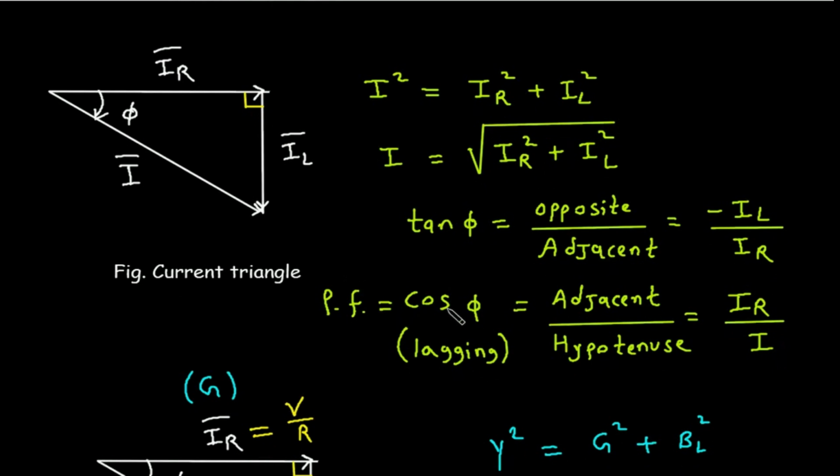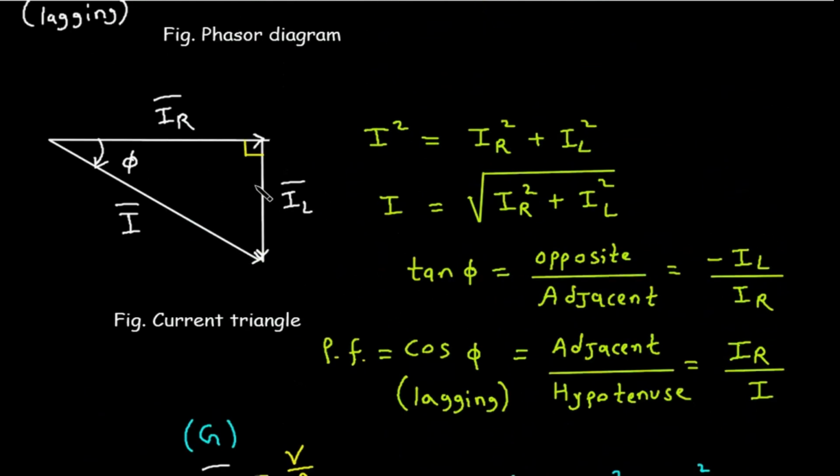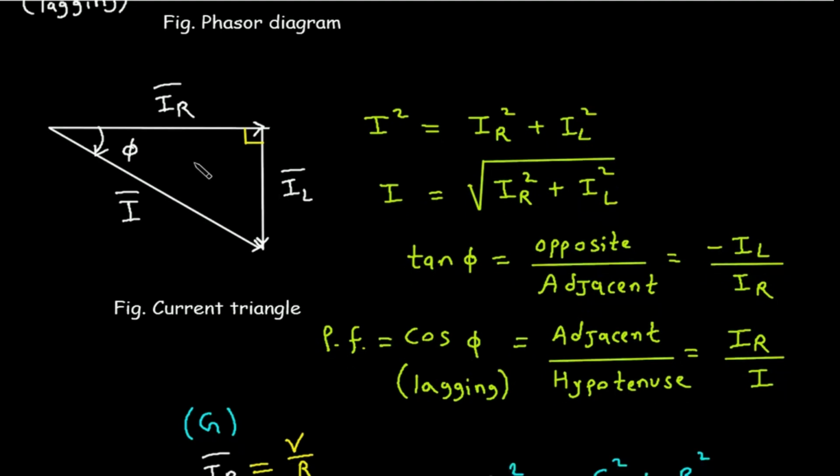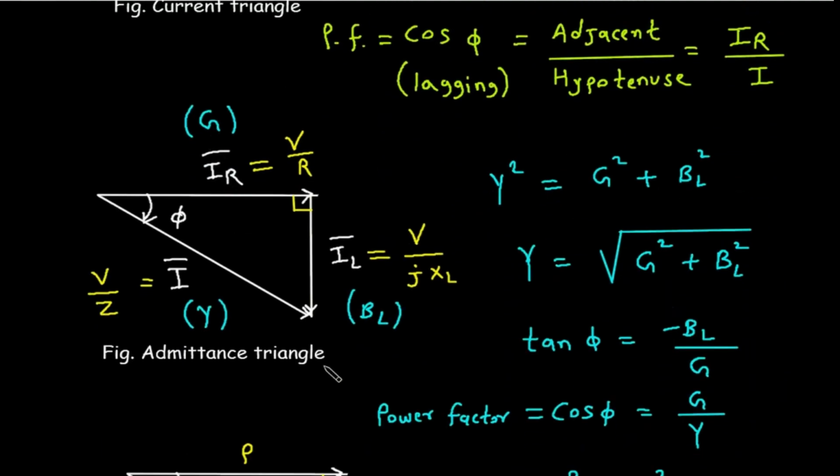Also power factor is equal to cos phi, and this will be lagging, and cos phi is equal to adjacent side upon hypotenuse. So the adjacent side is IR and the hypotenuse is this I. So therefore cos phi is equal to IR divided by I. Now if we divide all the sides of this current triangle by applied voltage V, this will be an admittance triangle.